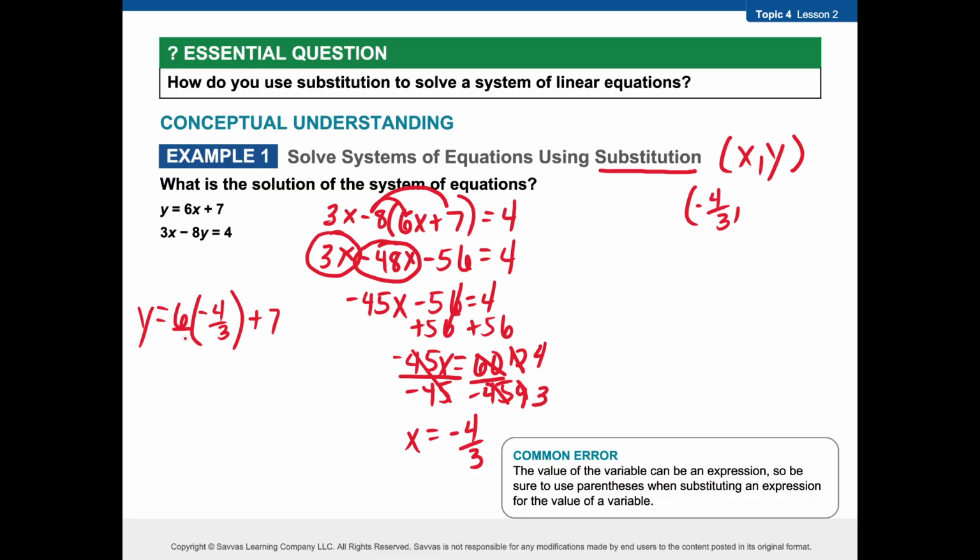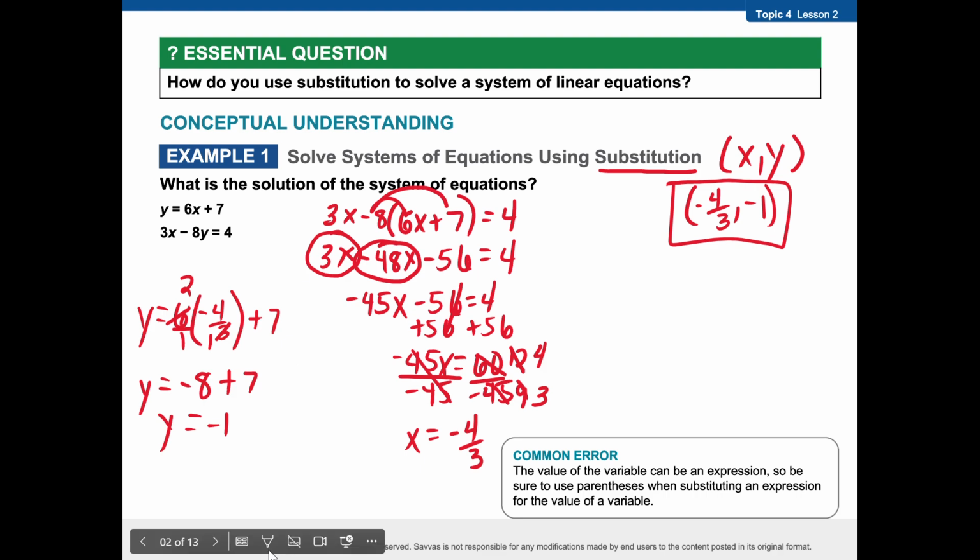I can put 6 as a fraction. I can then simplify. 3 goes into itself once, into 6 twice. 2 times negative 4, negative 8 plus 7 makes a negative 1. So my solution for this system is negative 4/3, comma, negative 1. I can always check my work by plugging in x and y into both equations, and they should work.